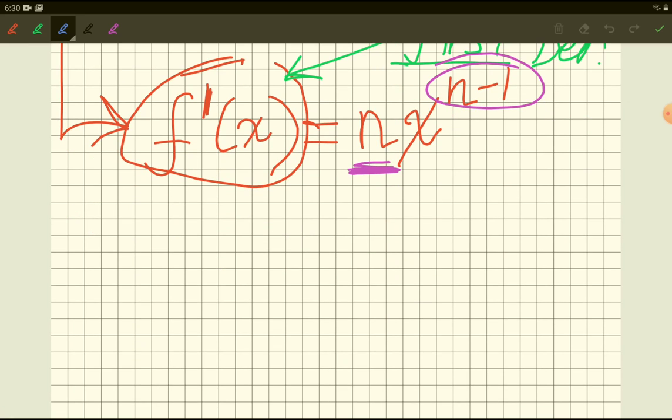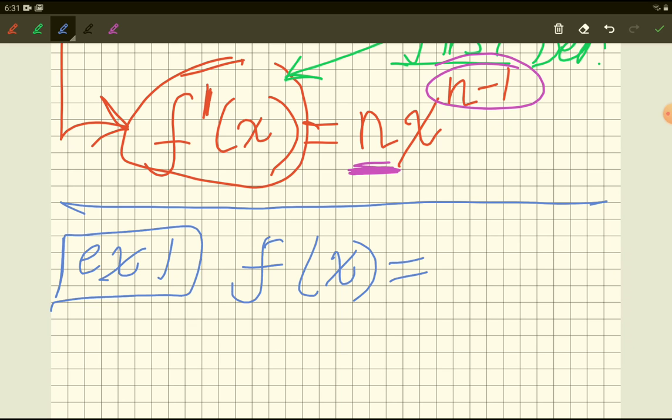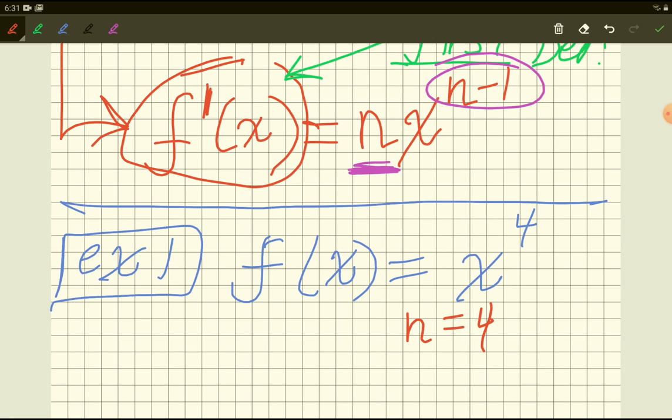So here we go. Example 1. Say I have a function f of x equals x to the 4th power. So in this case, my n would equal 4. Okay, very, very quickly. Really, it's pretty harmless.